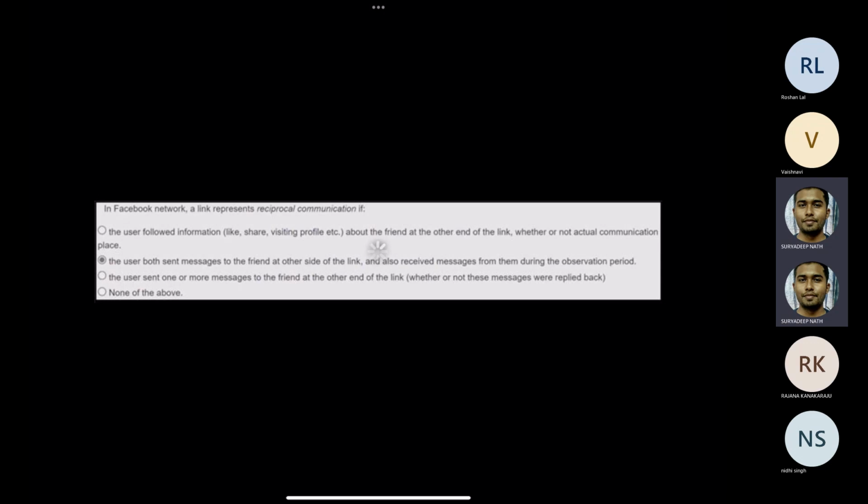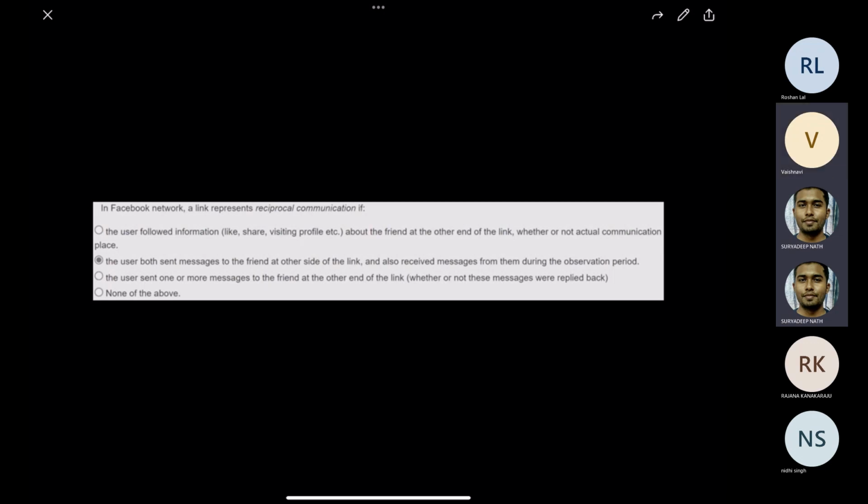So I think option B is the correct one. So reciprocal communication means you send something and you get back something also. So in the first one it is a directed graph, in the third one also it is a directed graph. So for reciprocal communication to happen, both of them have to send messages. So you send a message to your friend and your friend also sends you a message. So that is reciprocal communication. Option B, I think.